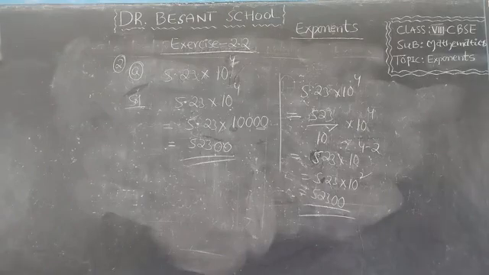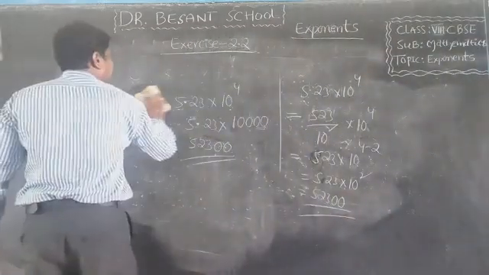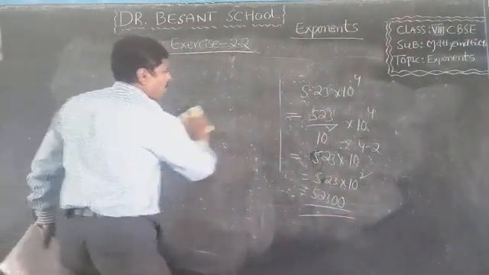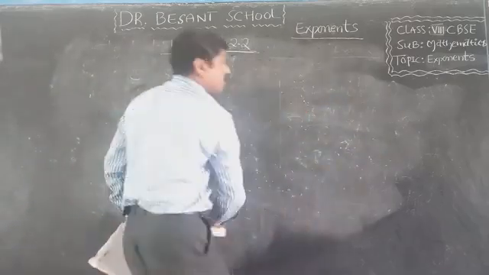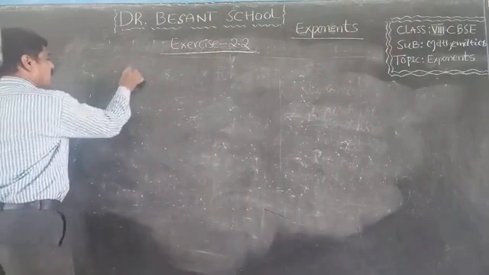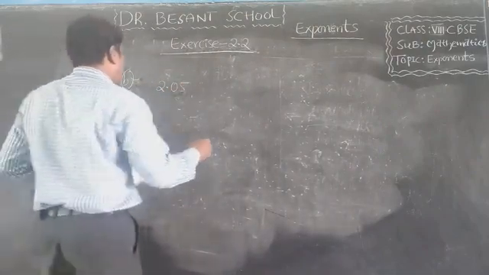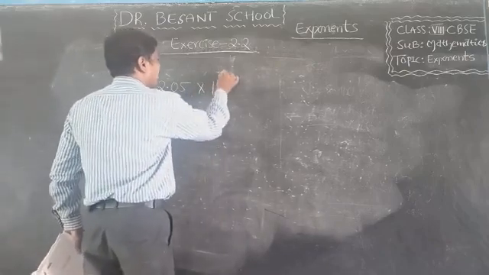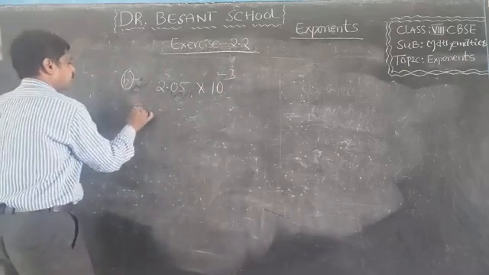Next, one more sum I will explain. 2.05 into 10 to the power of minus 3.